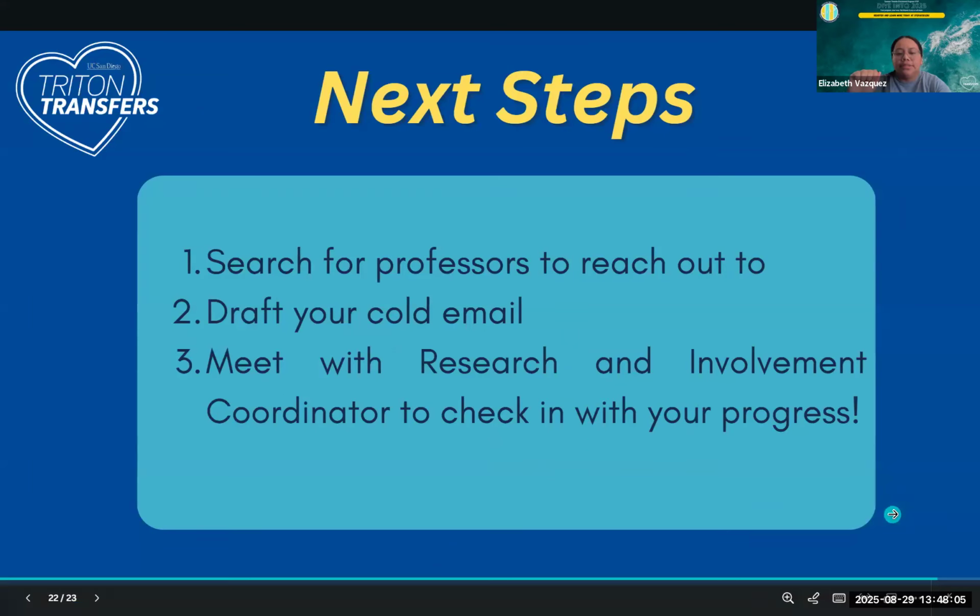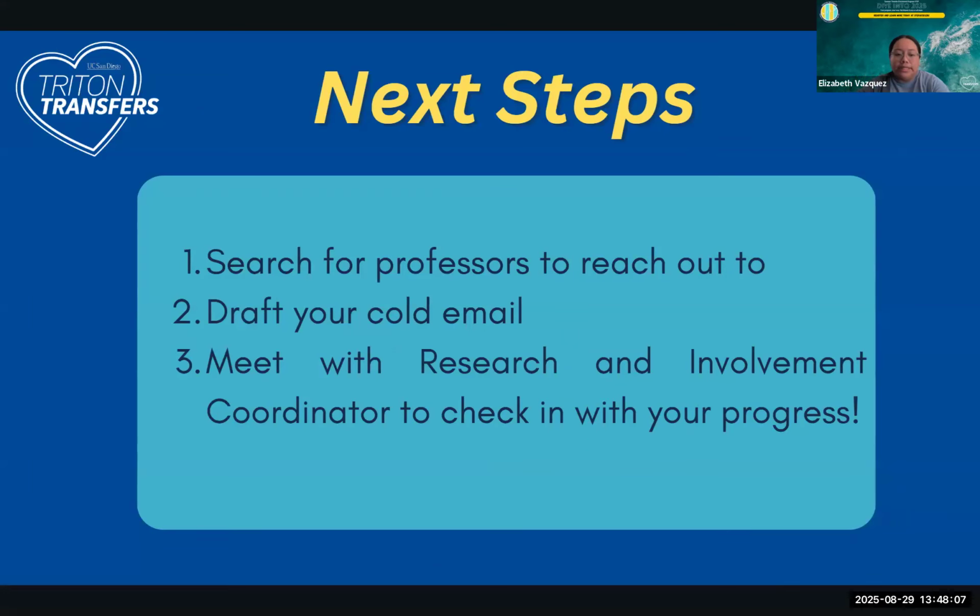Okay, so next steps for you all: search for professors to reach out to. The range that I give is to look for maybe 5 potential professors that you would like to cold email. Draft your cold email. If you need a second pair of eyes, you can reach out to me.